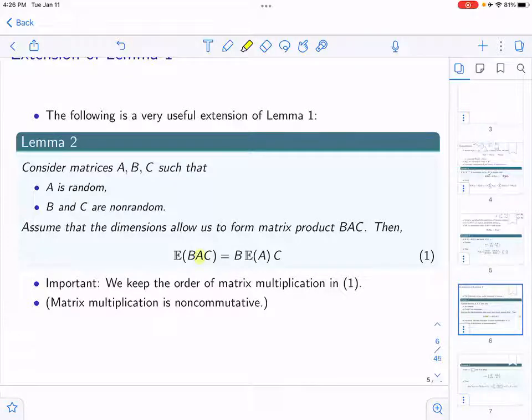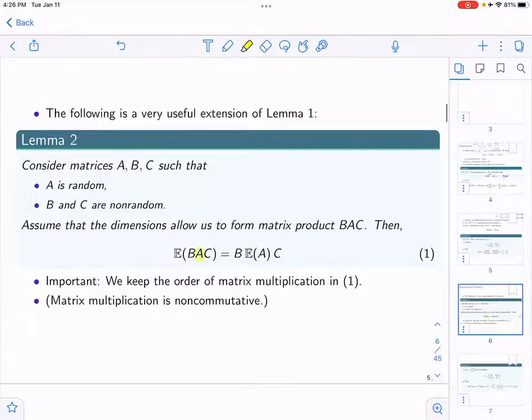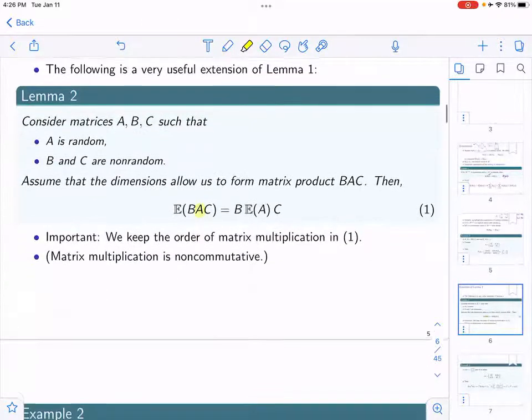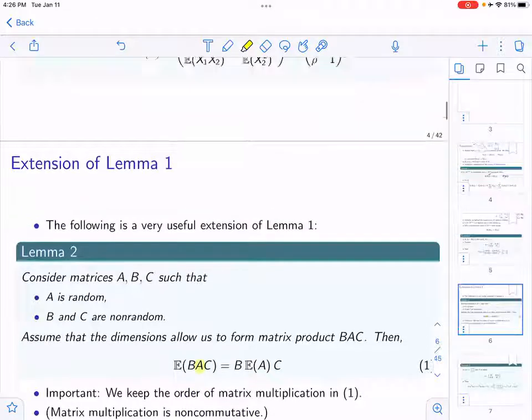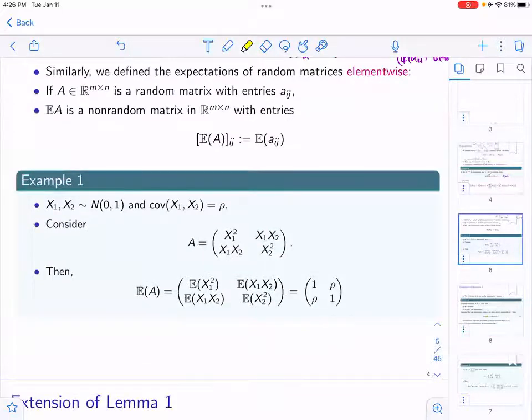Every element would be a linear combination of the elements of A. And then the expectation moves past everything. And then you can put them back together like this. Again, the order matters here because matrix multiplication is non-commutative, which just means that the order matters. I can't flip the elements around.